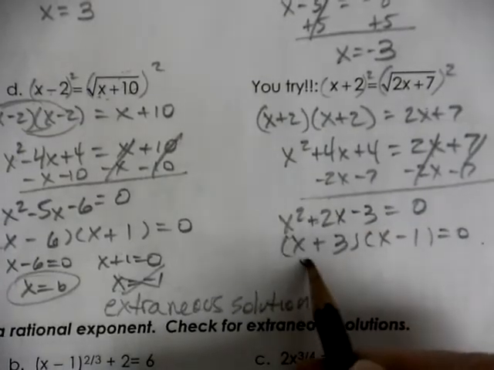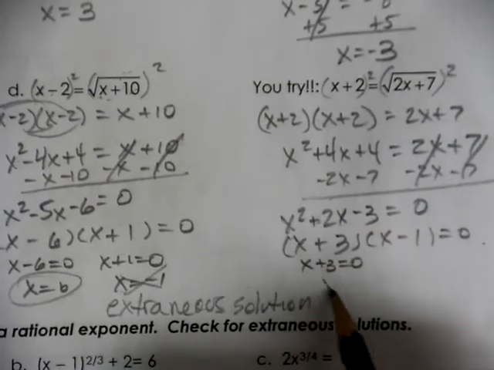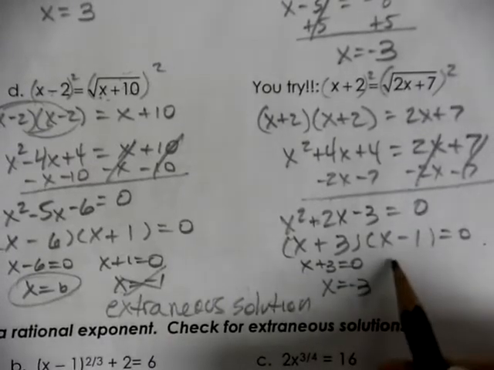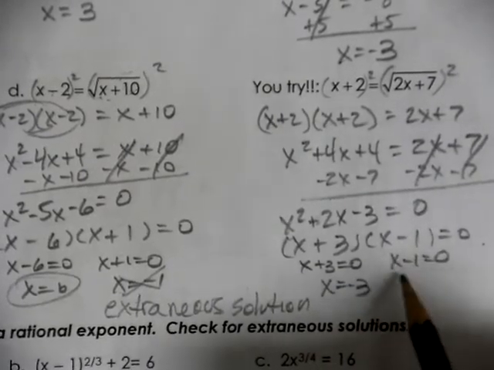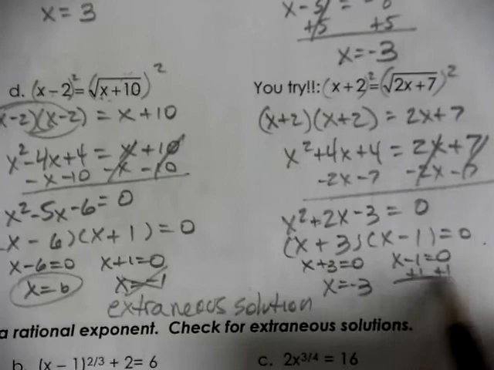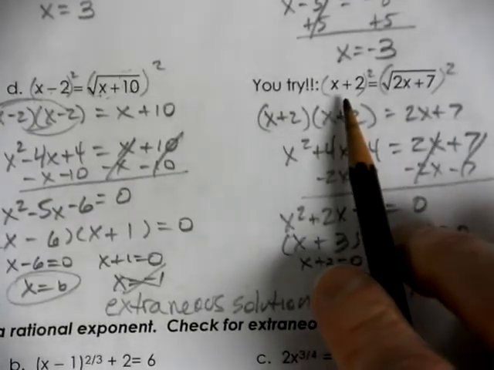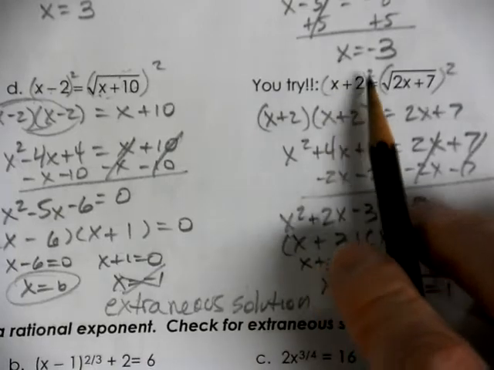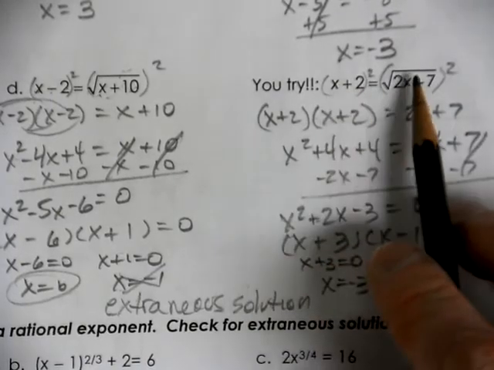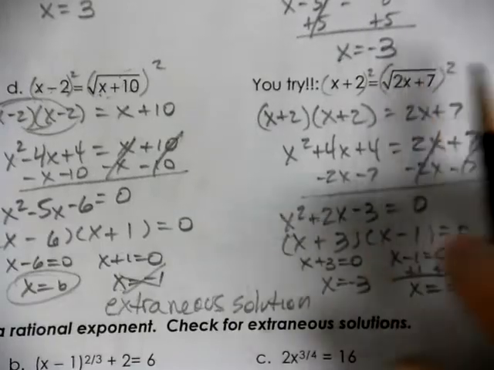And then we use the zero product property to set up a negative 3 for x and a positive 1 for x. When we plug in the negative 3, we see that that would give us a negative 1 on one side of the equal sign and a radical square root on the other.